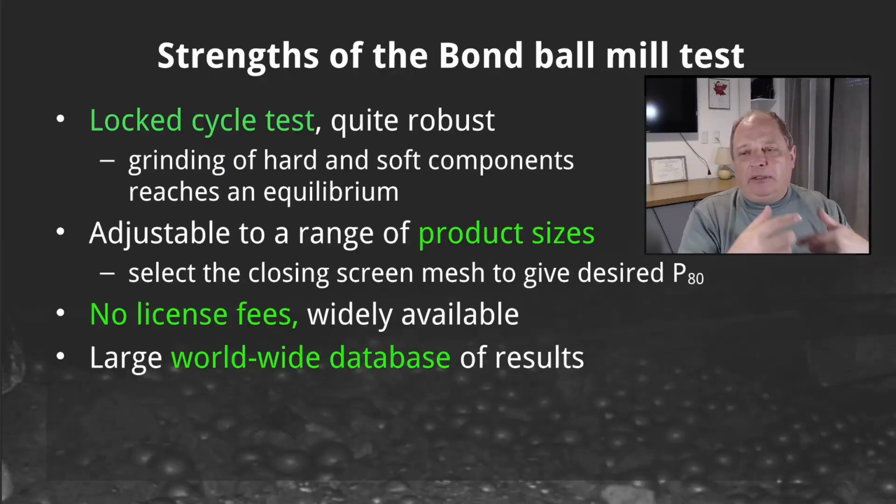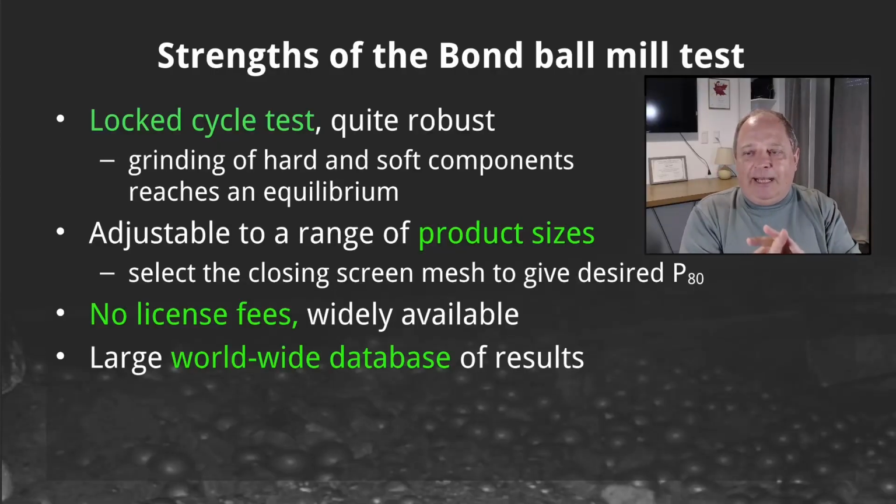And by running the locked cycle test, you end up with an equilibrium where the soft material passes through the test faster than the hard material. And that replicates what we see in the lab, replicates what we see in the industrial plants. So that locked cycle aspect is crucial to getting a reliable full Bond ball mill test.